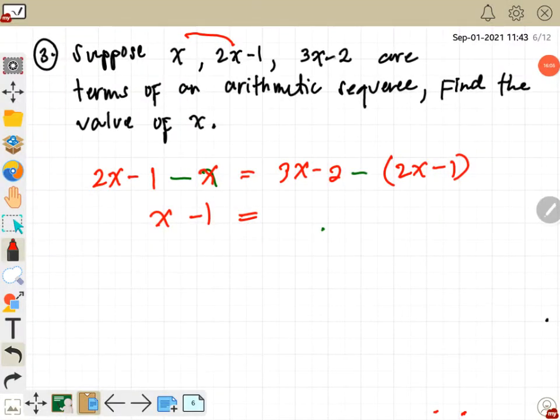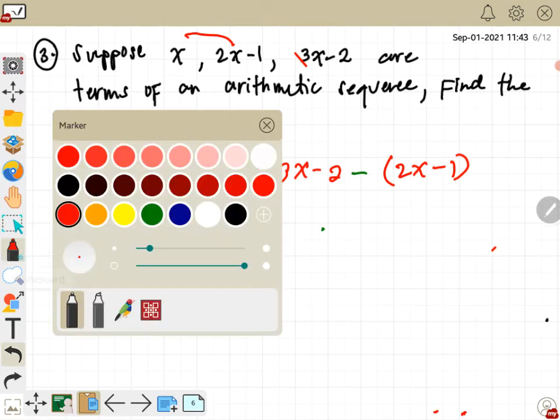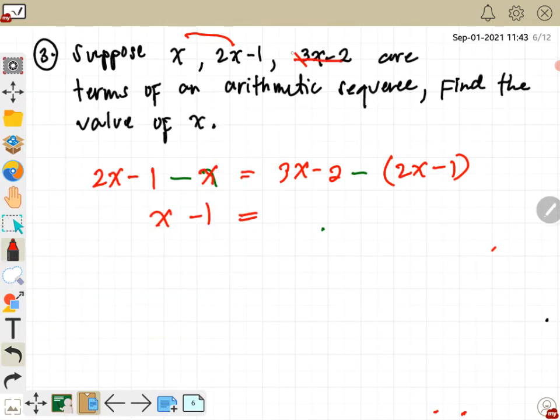Let me change the third term into 2x plus 3 to avoid confusion here, because if we use 3x minus 2, that becomes 0, so no solution for x.